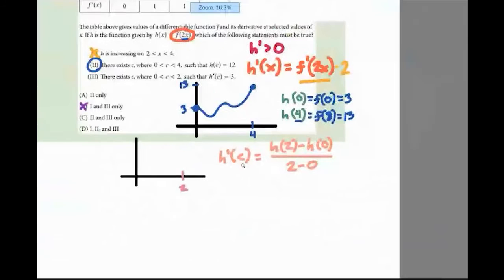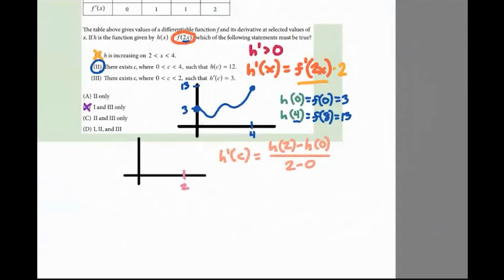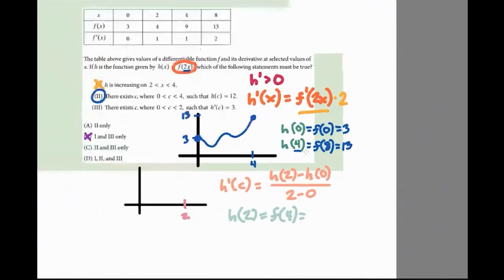So h of 2 is going to be equal to f of 4. H of 2 is equal to f of 4, which is equal to, if you look at the table up there, f of 4 is 9.